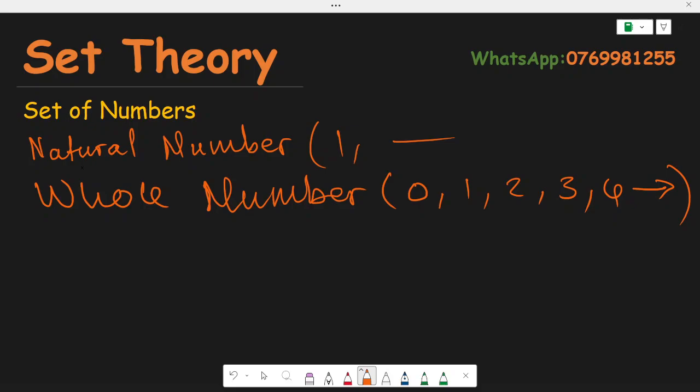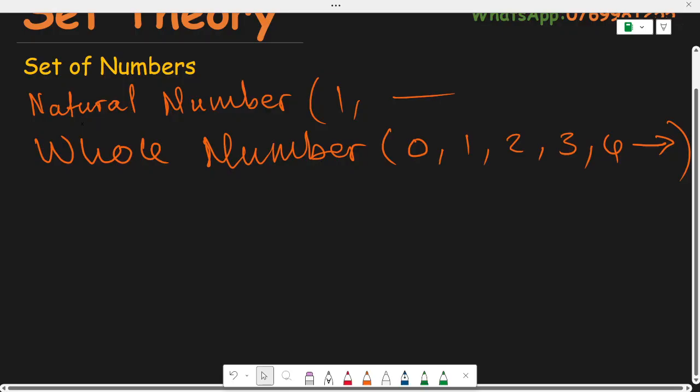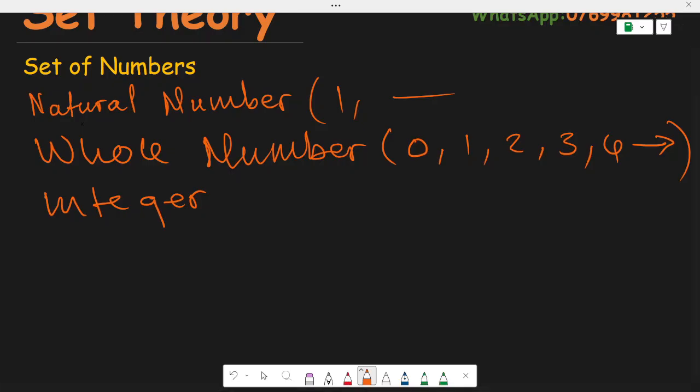Moving from whole numbers, we find that we have a different set of numbers that we call integers. Integers are an upgrade to the first set of numbers that we had, due to the fact that they include negative numbers.